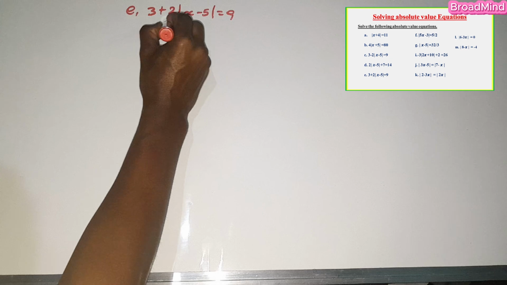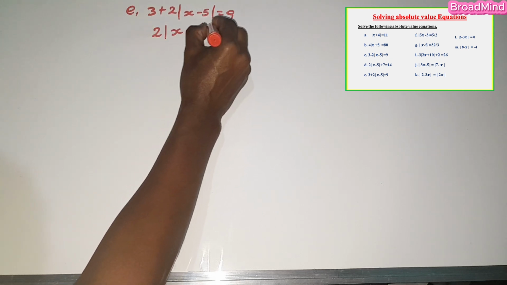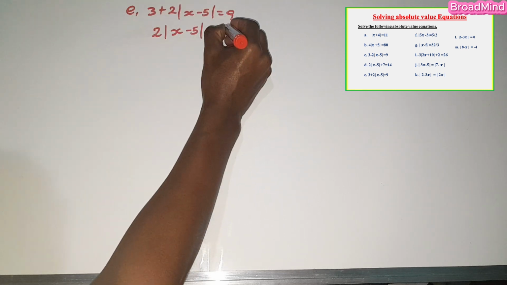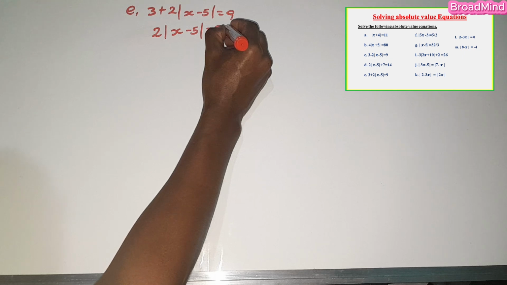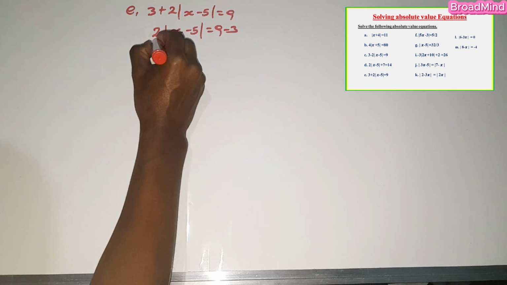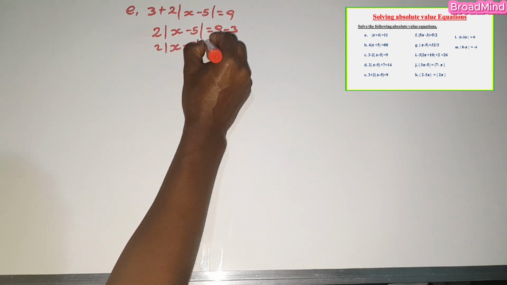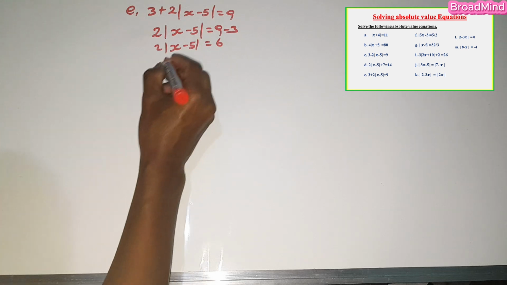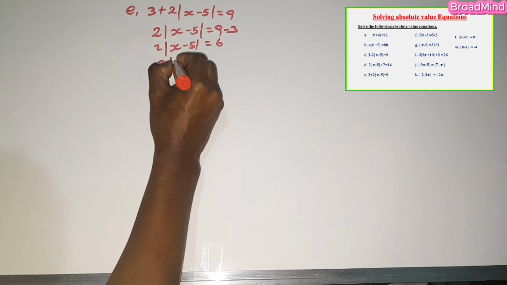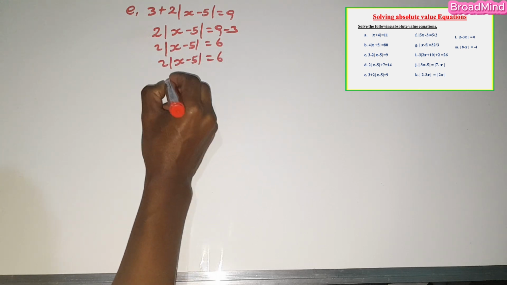Then 2 absolute value of x minus 5 is equal to 9 minus 3, which is 6. 2 absolute value of x minus 5 is equal to 6.